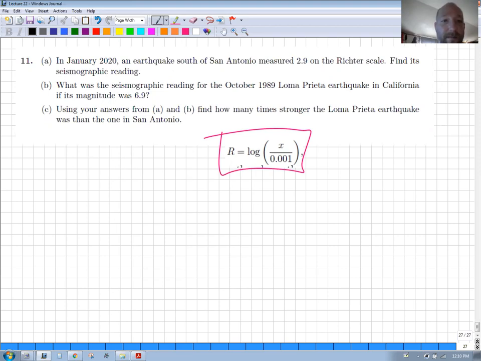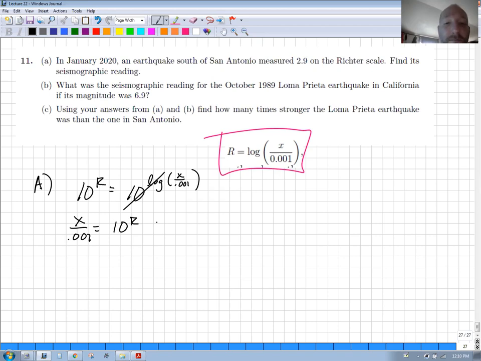So A. In January 2020, an earthquake south of San Antonio measured 2.9 on the Richter scale. Find its seismographic reading. So we need to solve for X here. We'll do 10 to the power of both sides. Those undo one another. We have X over 0.001 equals 10 to the R. So X is 10 to the R times 0.001.